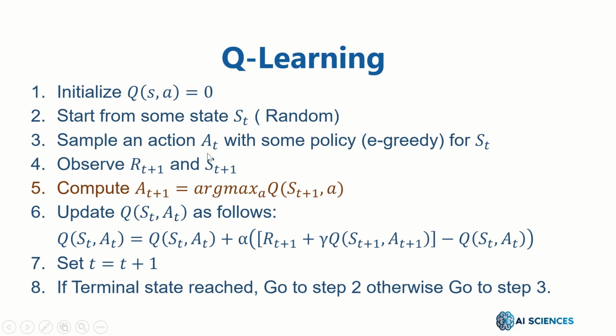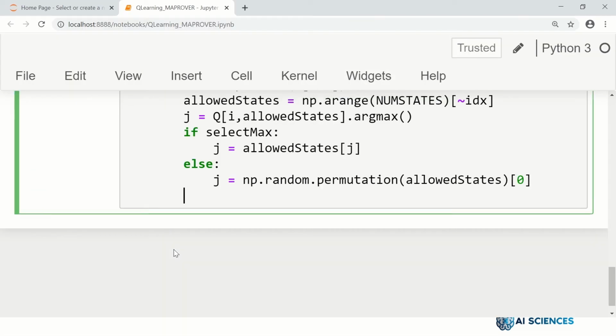That's our next state. Now what we do is we update our q. So q ij, the previous q ij, plus alpha times this estimate.